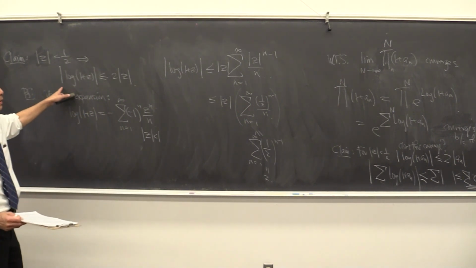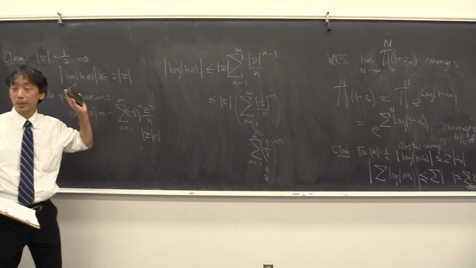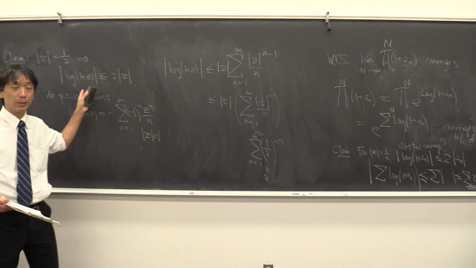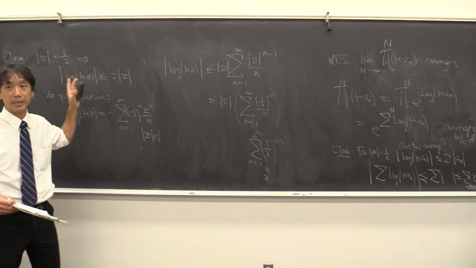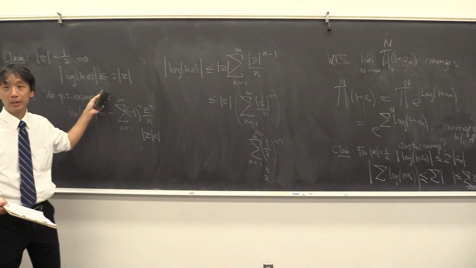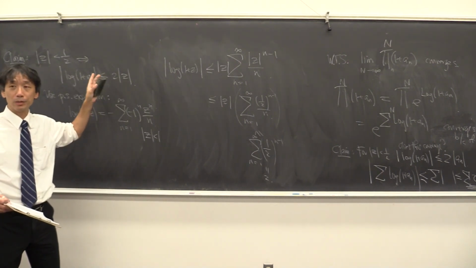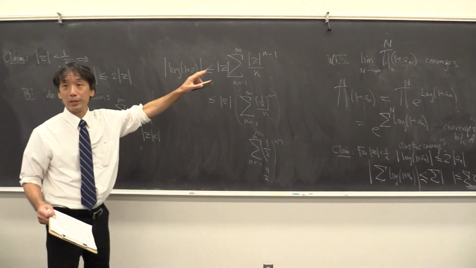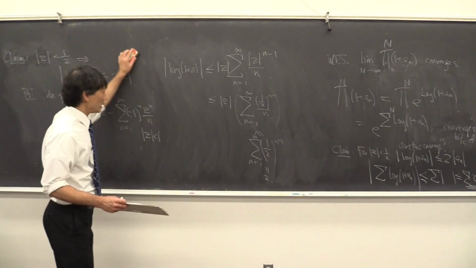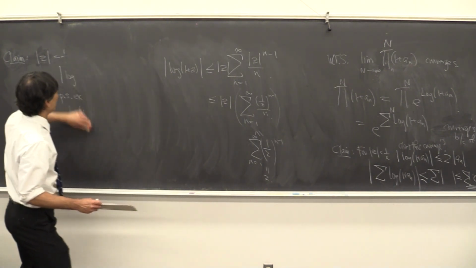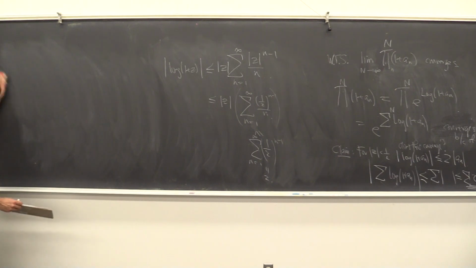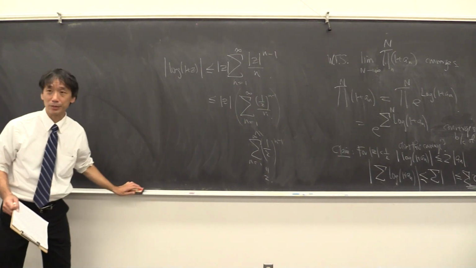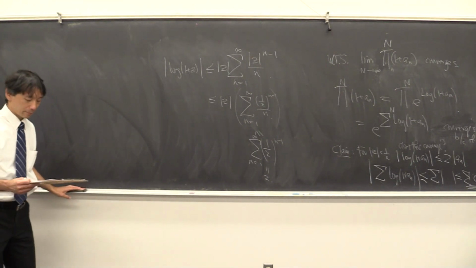Okay, so that gives us this useful thing that says, as long as we know that the sum of the deviations converges absolutely, then the infinite product of these terms, 1 plus the deviations, exists.